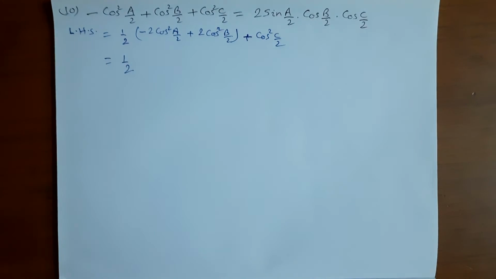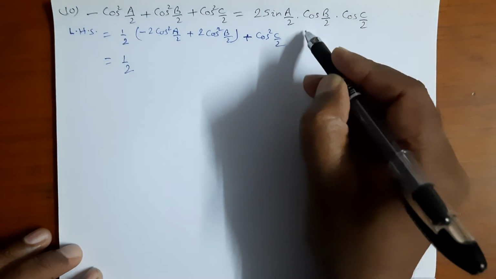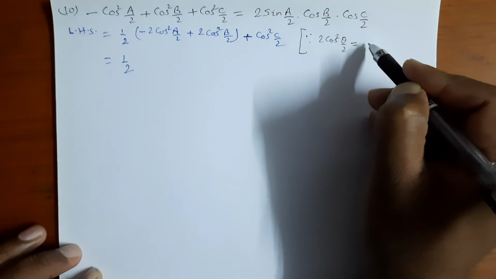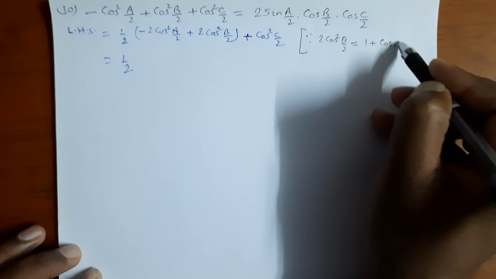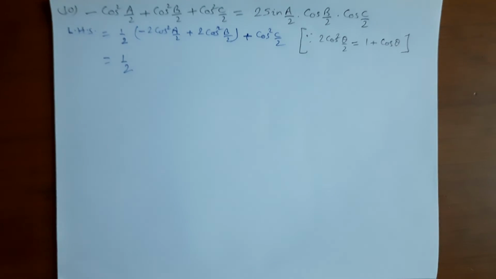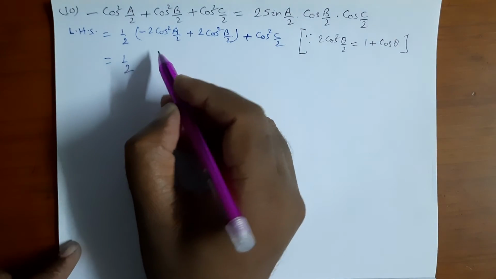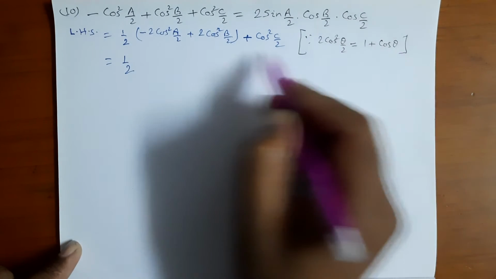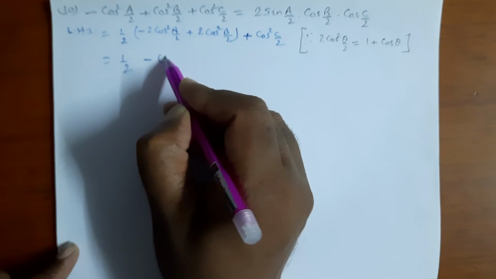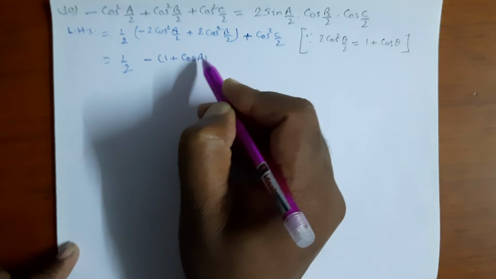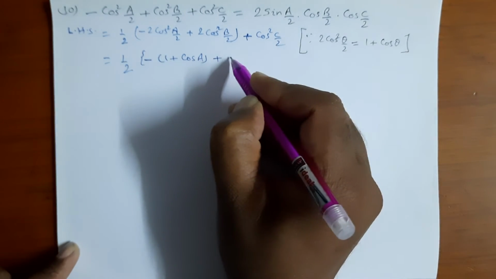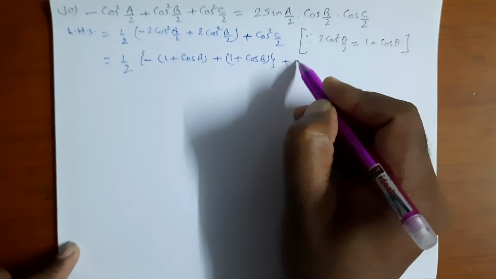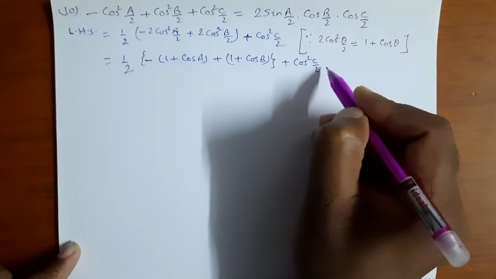We have the formula of 2 cos square (theta/2), which is 1 plus cos theta. We can use this formula, and here in the left hand side 2 cos square a/2, in place of theta we have a/2, so 1 plus cos a we can write instead of this, minus 1 plus cos a plus 1 plus cos b plus, at last, cos square c/2.